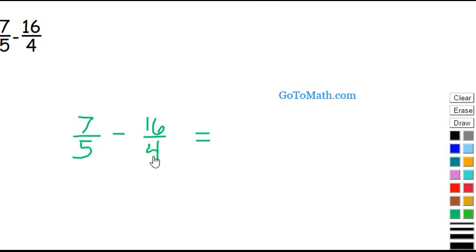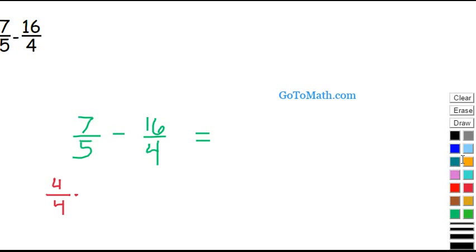Anyway, common denominator, what we're going to need to do here is, let's use a different color. It looks like the only thing we're going to be able to do here is multiply this side by 4 over 4 and this side by 5 over 5. So let's just do that. So 4 over 4. We're choosing 4 over 4 because there's a 4 down here.